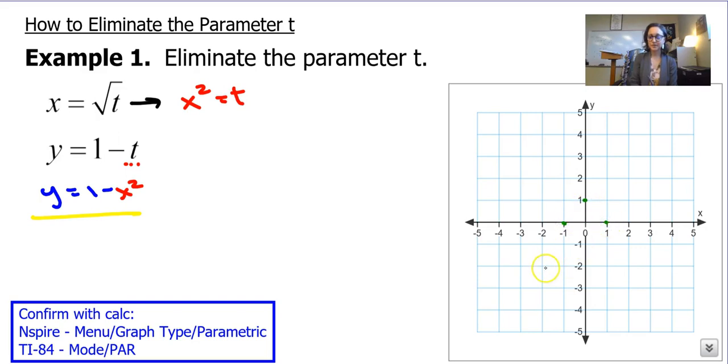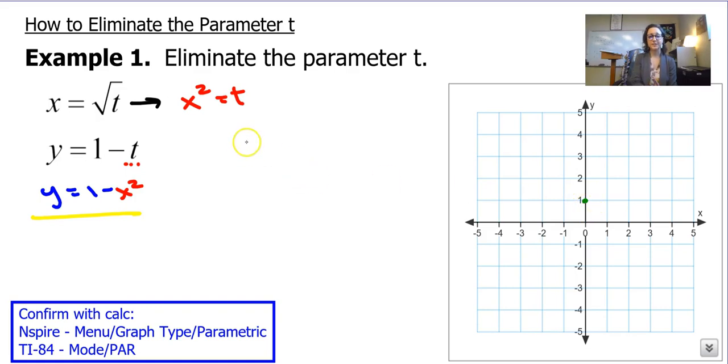So it would look kind of something like this if I were graphing all values of t. But again, typically I'm going to graph only positive time values. So if t is 0, let's start there, let's start our initial time, then I would have the x coordinate be 0 and the y coordinate would be 1, so I'd be here.